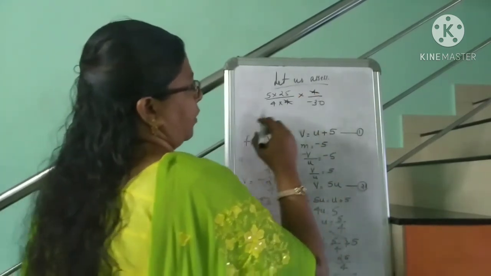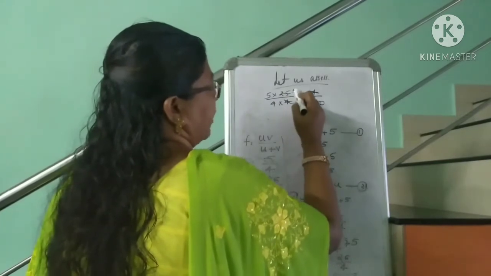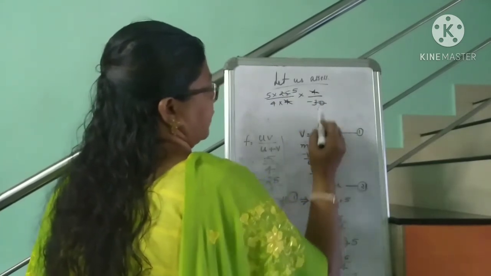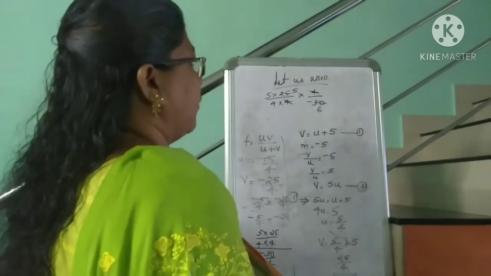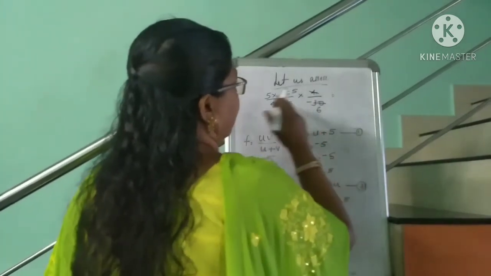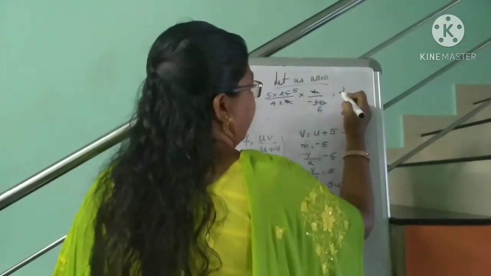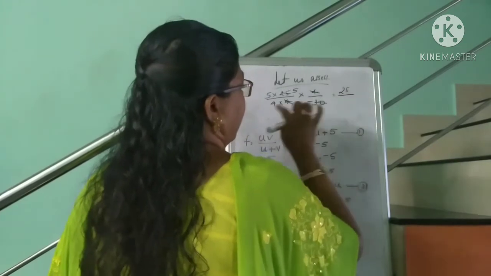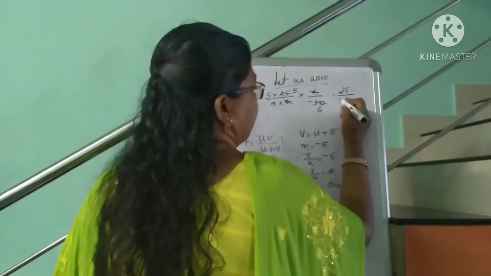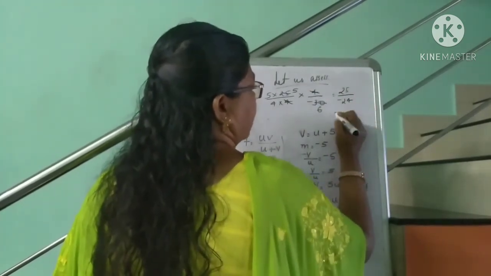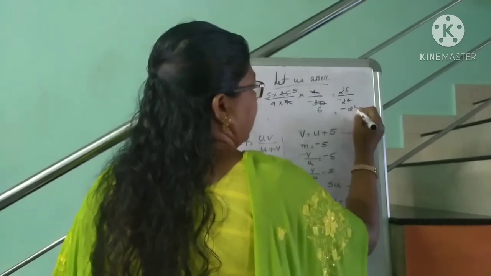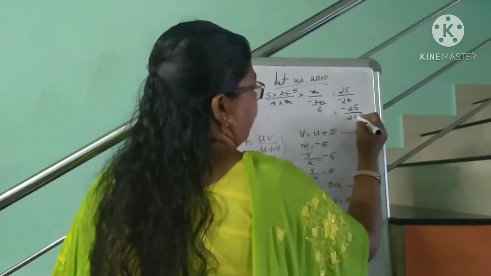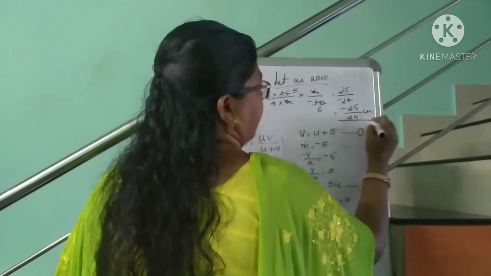Then 25, 5 times, 30, 6 times. Then what is remaining? Here 5 into 5, 25 by 4 into minus 6, minus 24. So the answer is minus 25 by 24 centimeter.